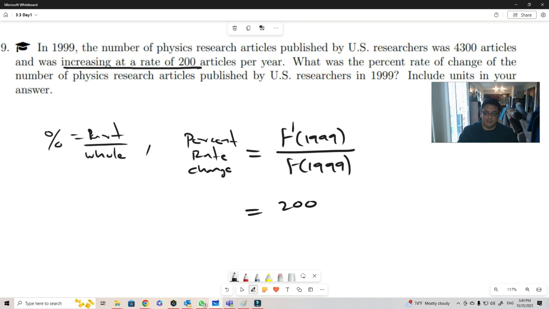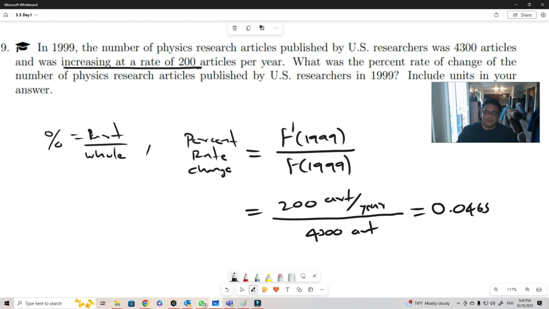It's increasing at the rate of 200 articles per year. And I know that year 4,300 articles were produced. Okay, so if I divide this here, this is going to be 0.0465, and so this will be the percentage per year of the number of physics research articles published in the US.